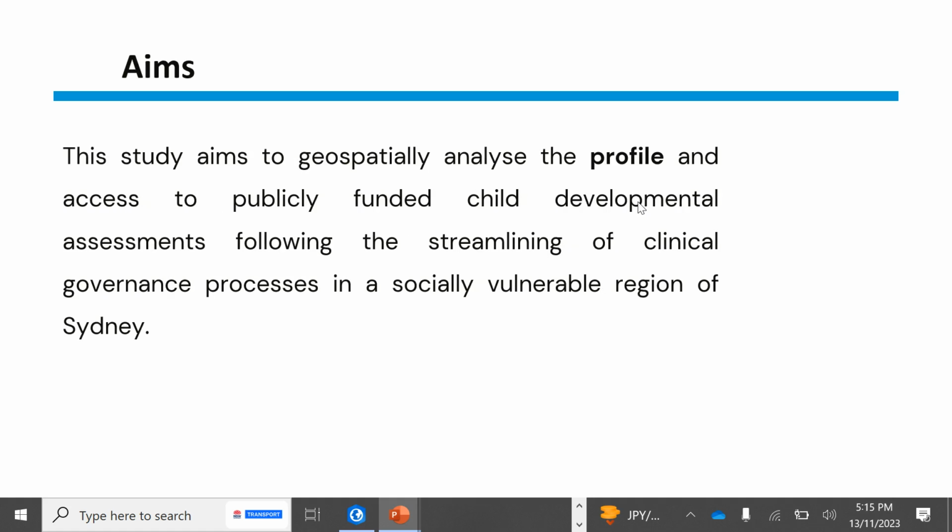In terms of the aims, the study aims to geospatially analyze the profile and access to publicly funded child developmental assessment following the streamlining of clinical governance processes in a socially vulnerable region of Sydney.